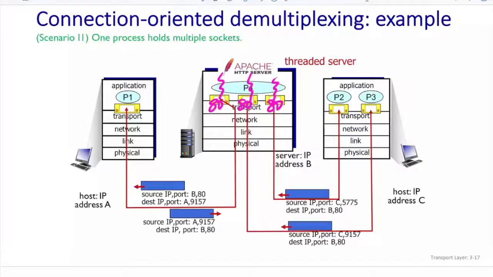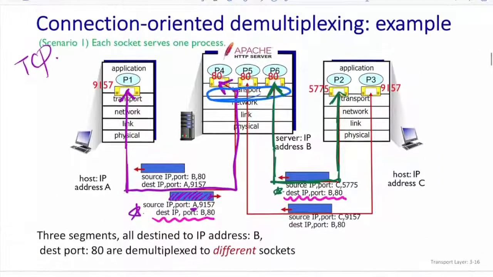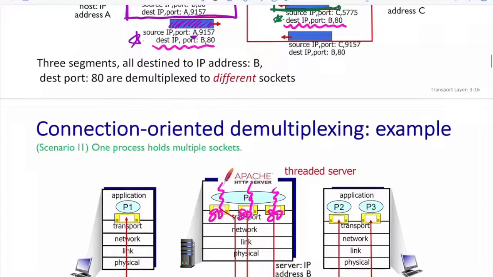It's basically an example of HTTP. You can use this example to run a thread server and use exactly the same destination port to communicate with each different process. So there are 2 different scenarios.